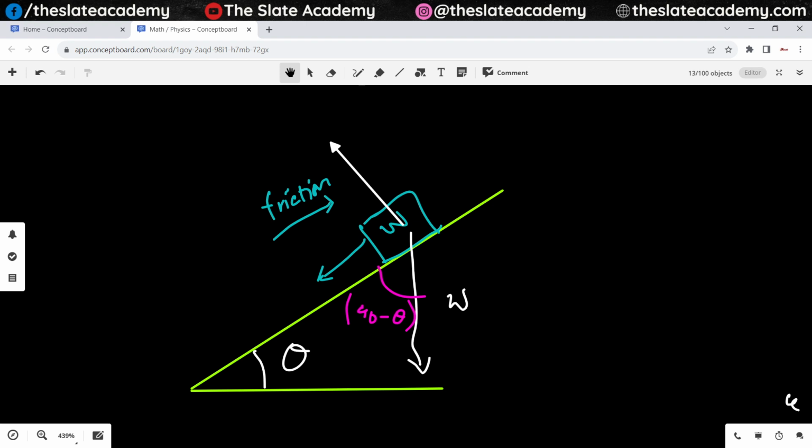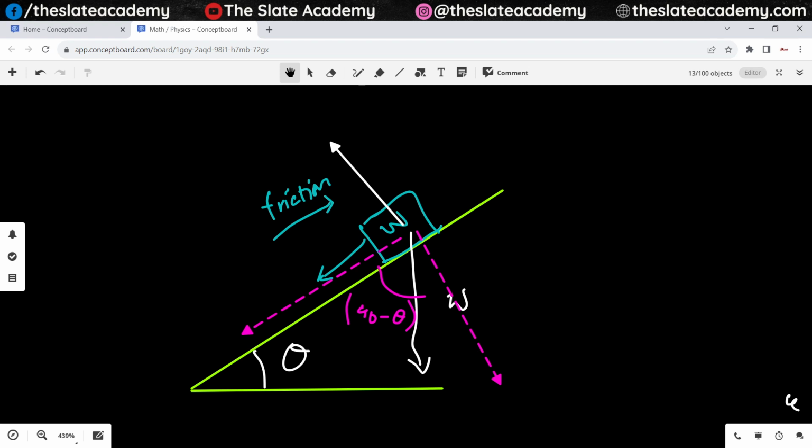So this 90 minus theta would have two components. What would be its components? Let me draw those. One would be the vertical component, which would be perpendicular to the surface, and one would be the horizontal component, which would be along the inclined plane.